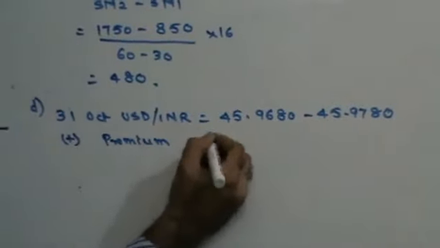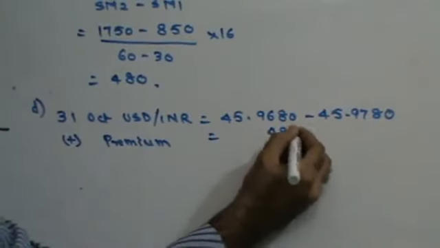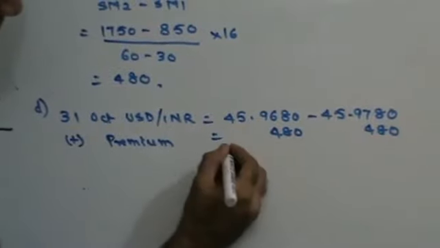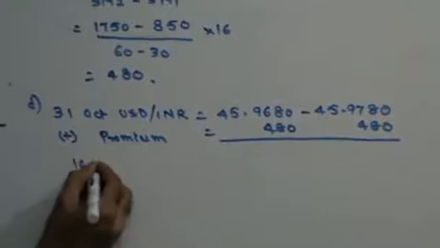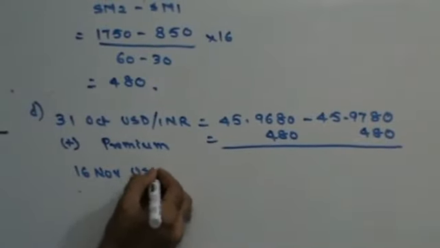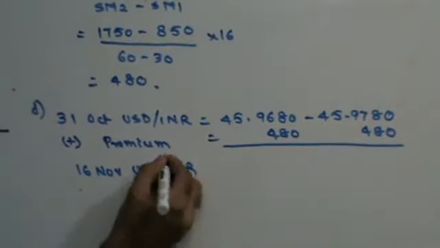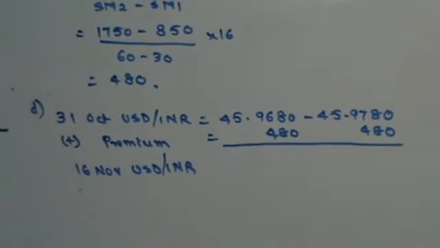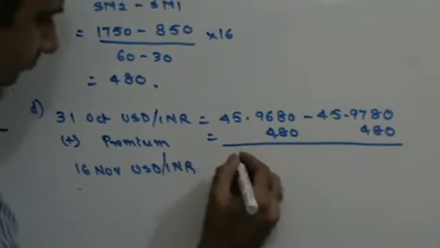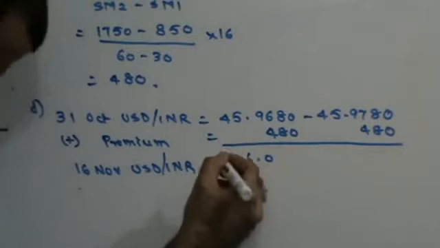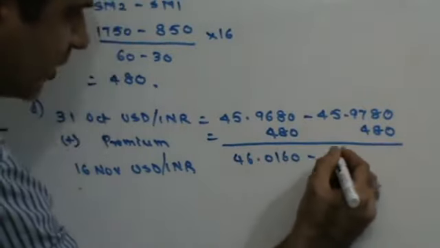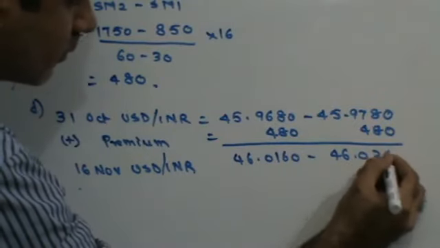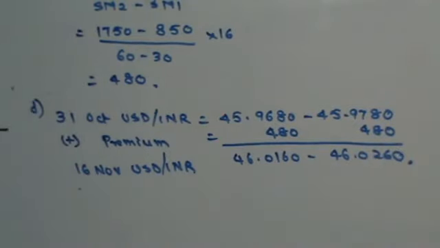My premium is 480 points, right? So on 16th November USD INR is going to be, add this. When you add this, it will come to 46.0160 and 46.0260. Right? So I found out for 1 month 10 days.